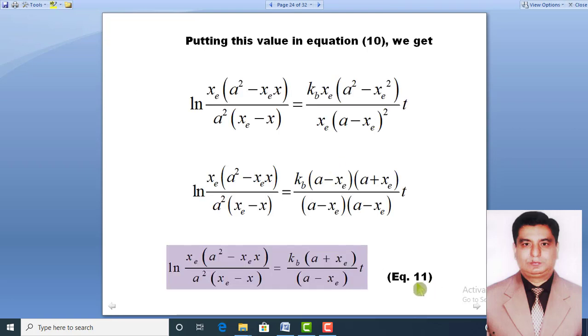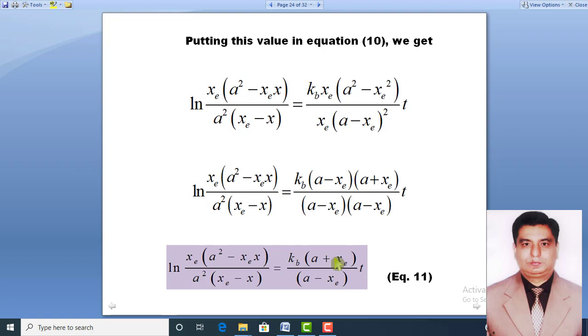So when we simplify this equation, then we will get equation number 11. According to equation number 11, log natural xc into a square minus xcx divided by a square into xc minus x is equal to kb into a plus xc divided by a minus xc, because this a plus xc will be cancelled out with the remaining term. This a minus xc will be cancelled out with this.